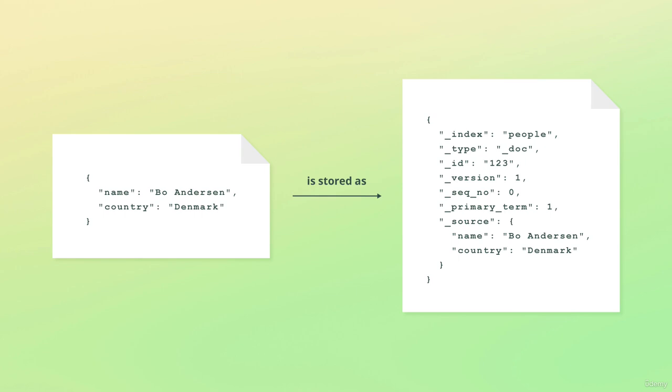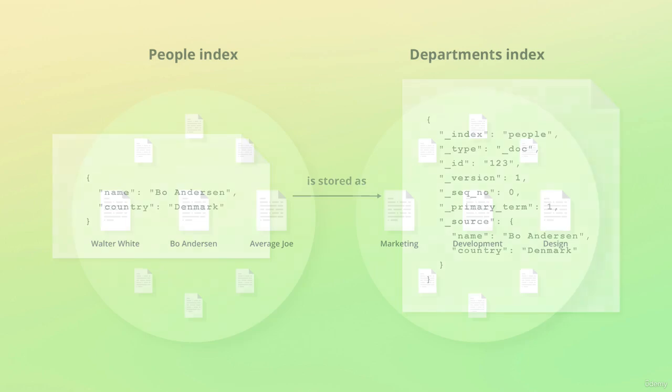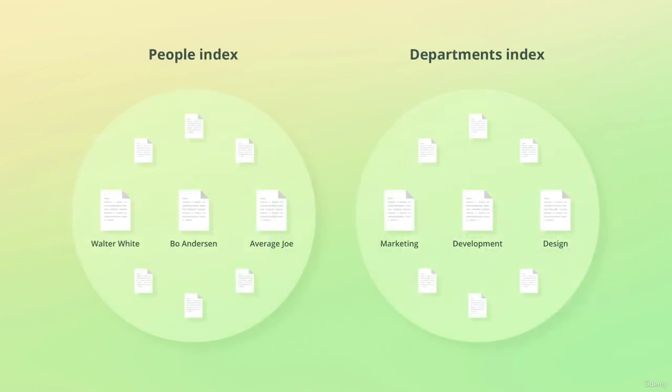So how are documents organized, you might wonder? The answer is within indices. Every document within Elasticsearch is stored within an index. An index groups documents together logically, as well as provides configuration options that are related to scalability and availability, which we'll look at a bit later. An index is therefore a collection of documents that have similar characteristics and are logically related.